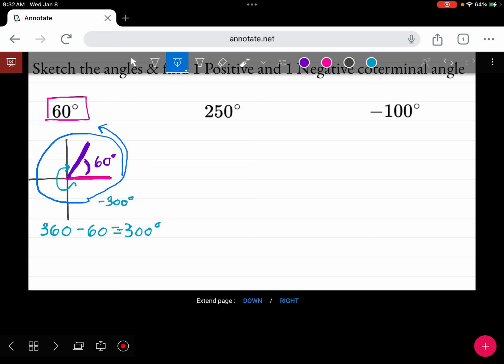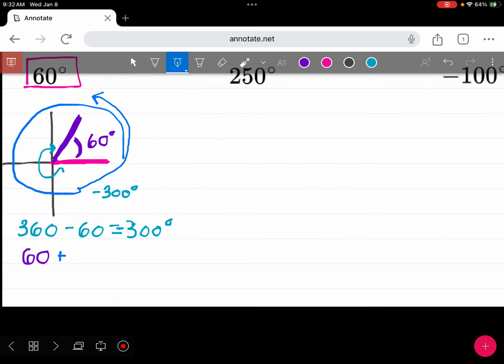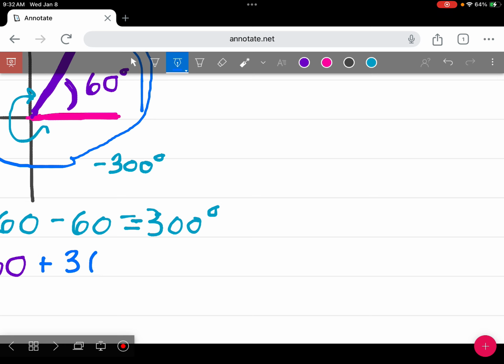And we're going to take our 60 degree angle that we started with and we are going to add 360 to get to a positive, and I did that in the wrong color. Sorry, I like to try and keep my stuff colored. So if we add 360, that's going to give me another coterminal angle.